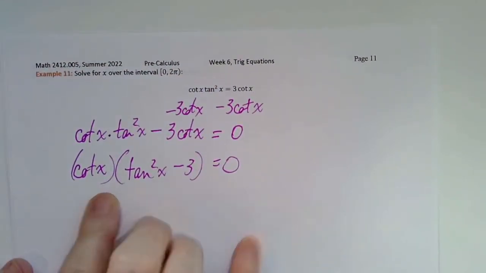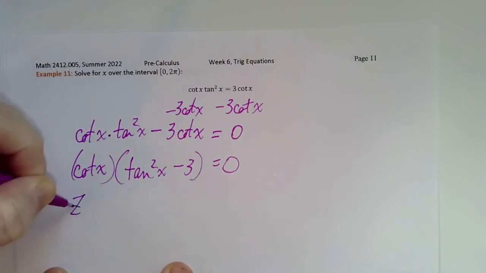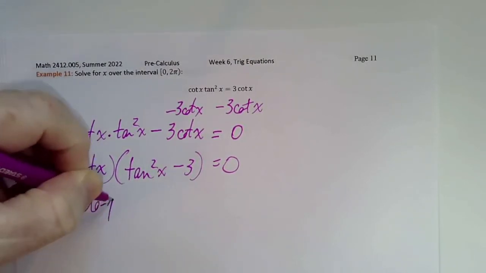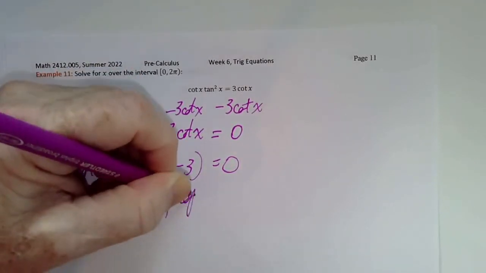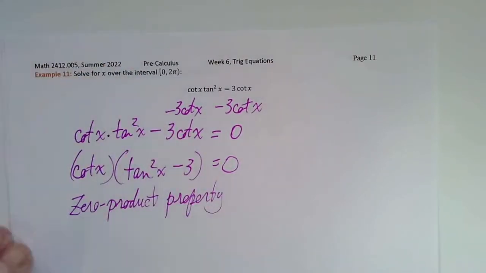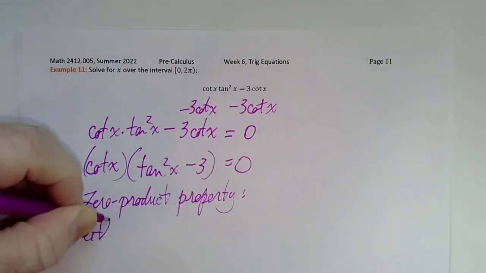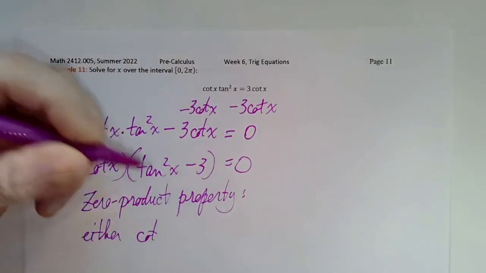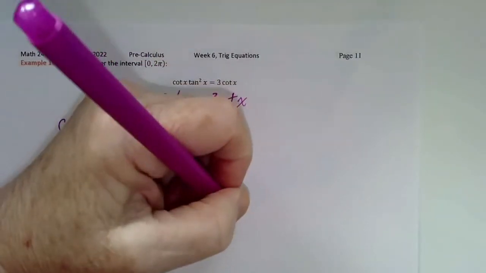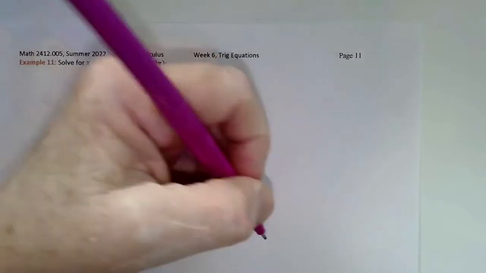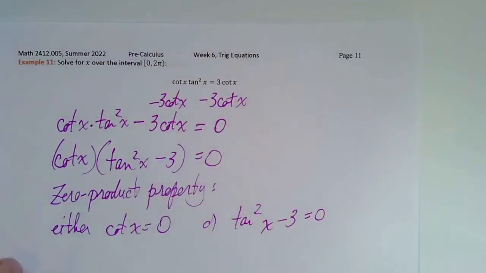And look what we have, a zero product property. So that means that either the cotangent of x is 0 or tangent squared x minus 3 is 0.